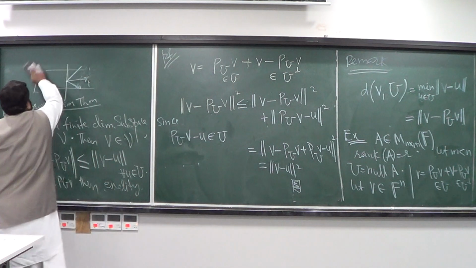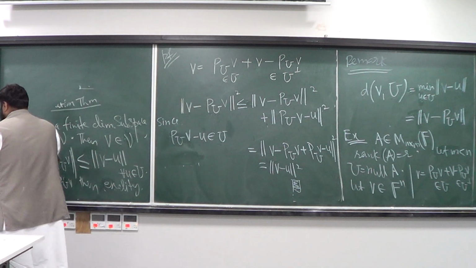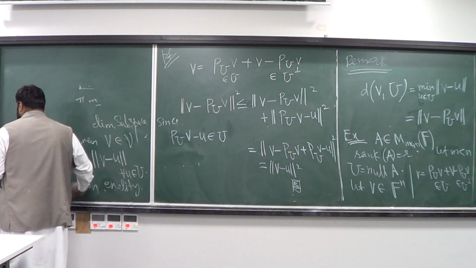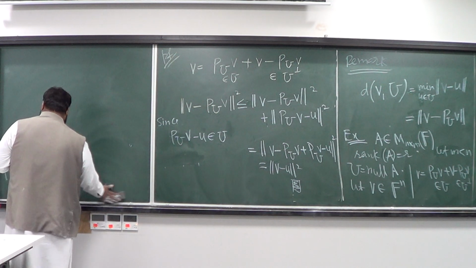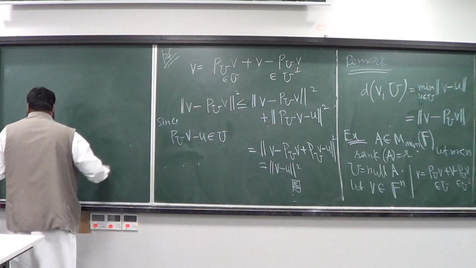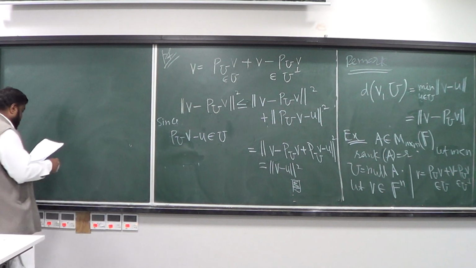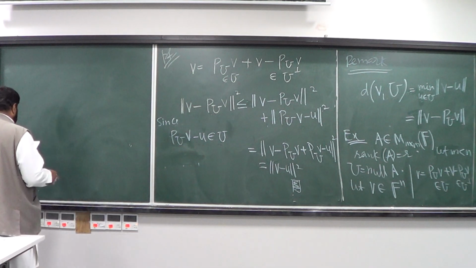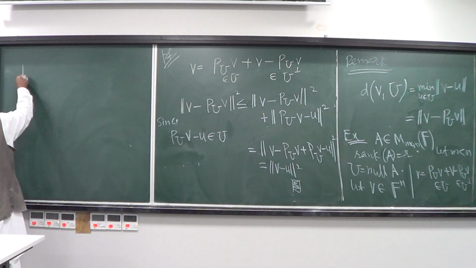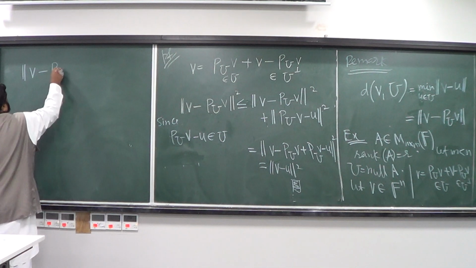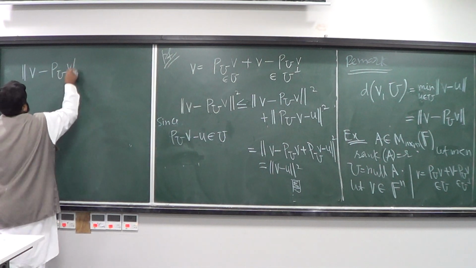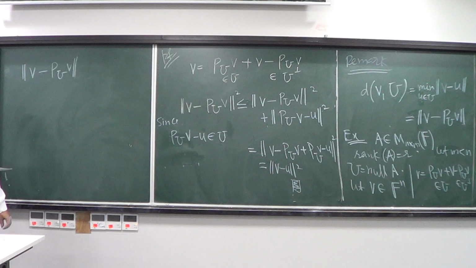Now let's calculate the distance from V to U. What would be the distance V minus P_U of V?